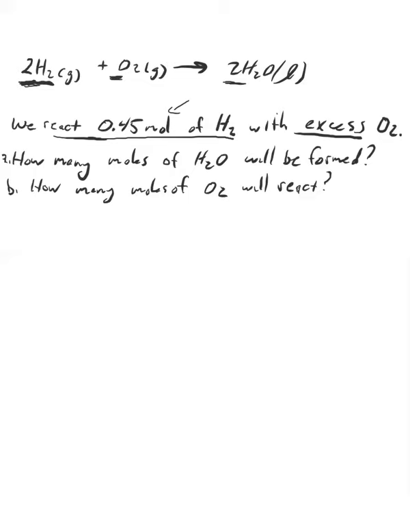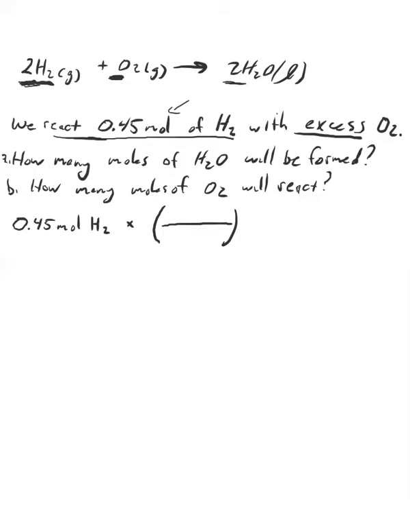So here's our strategy. You take the number of moles of the substance that's given. So that's the substance that's given, 0.45 moles of H2. You then multiply that by a ratio. And the ratio is the number of moles of the substance that you're being asked for, okay?